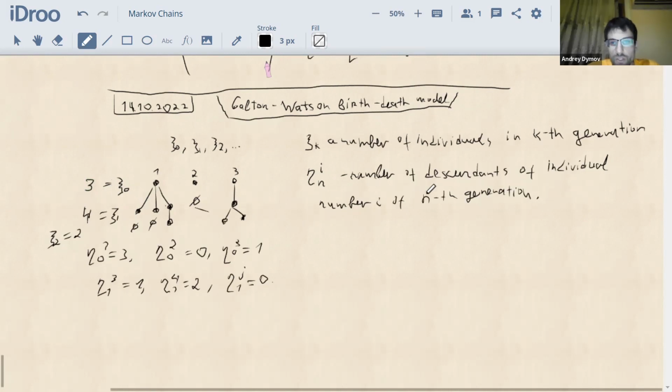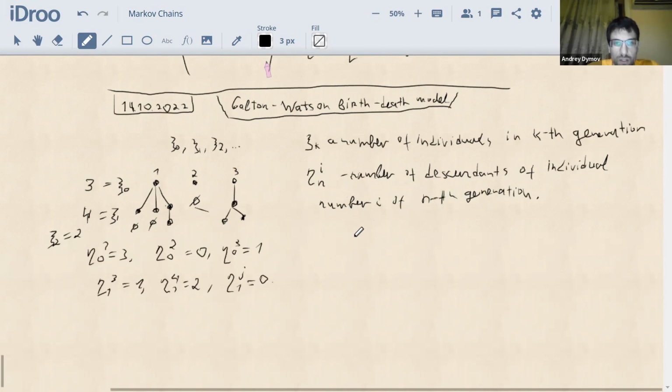I define eta as the number of descendants of individual with number i in the n-th generation. Okay, thank you.